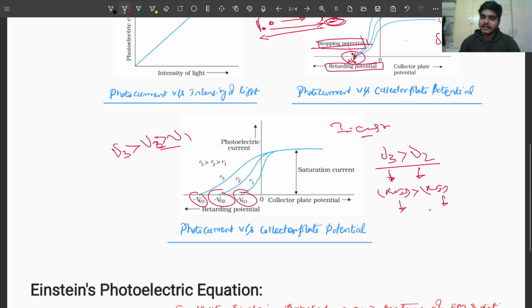To stop the greater kinetic energy of electrons, we have to give a greater retarding potential. That's why the magnitude V03 is greater than V02, greater than V01. So this was all the experimental curves.